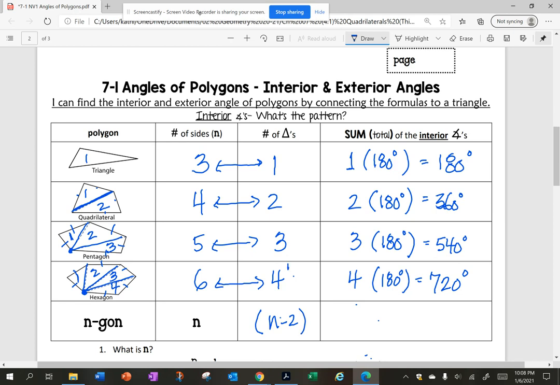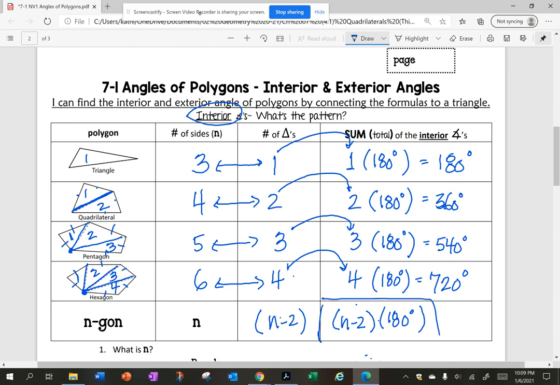So however many triangles I have is how many I'm going to multiply. So I'm going to multiply n minus 2 times 180 degrees. So whatever number my polygon is, I have a general formula for interior angles.